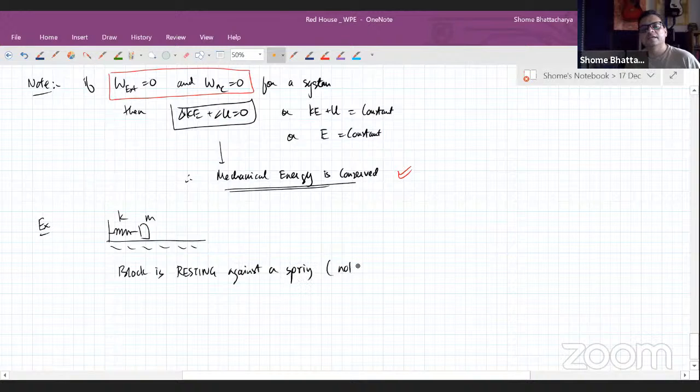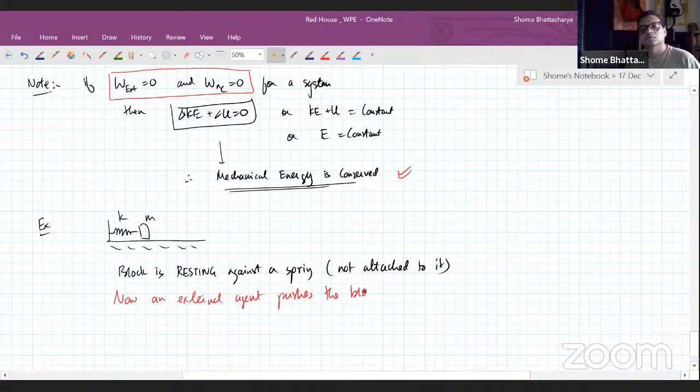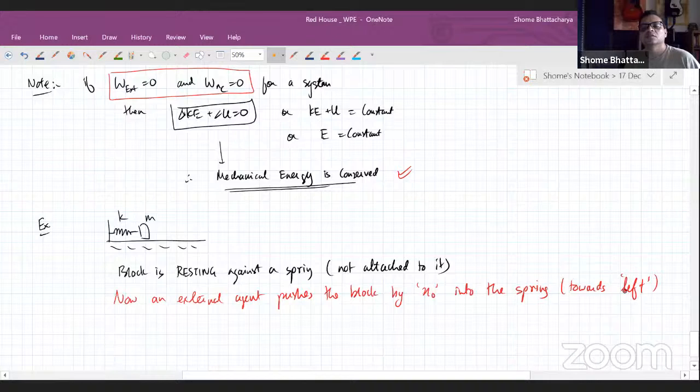Now suppose an external agent pushes the block by, let's say, x naught into the spring, that is towards the left in the above diagram, and releases it from rest.